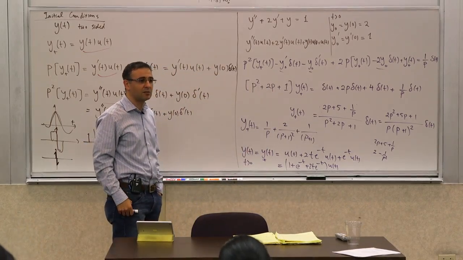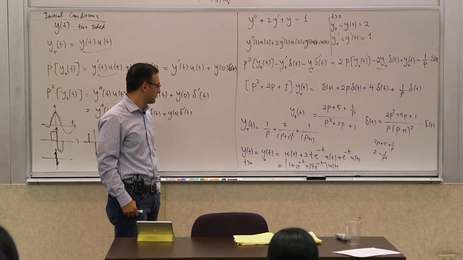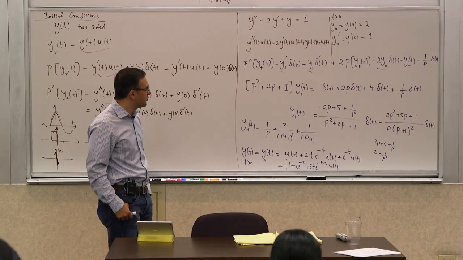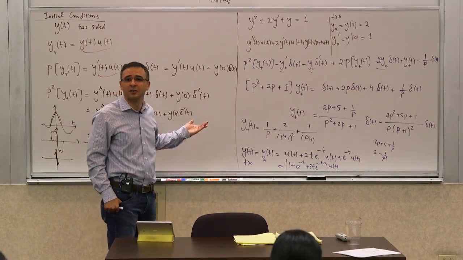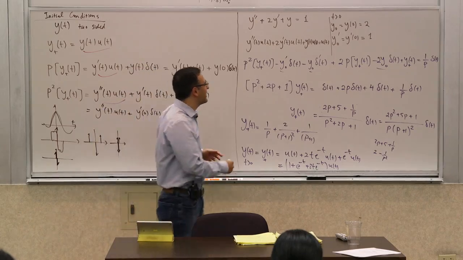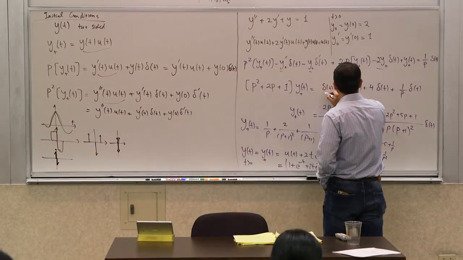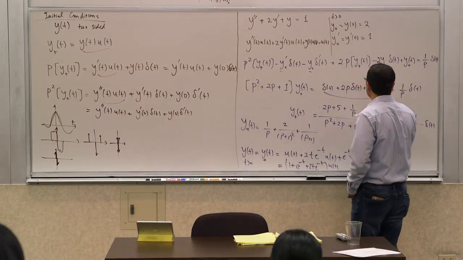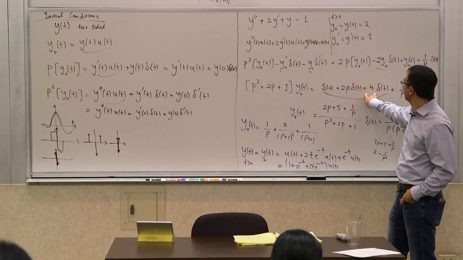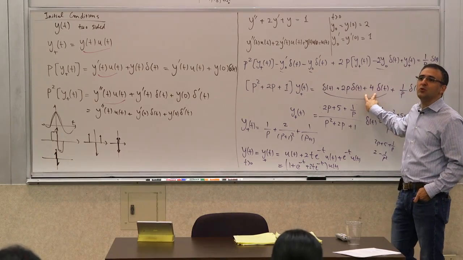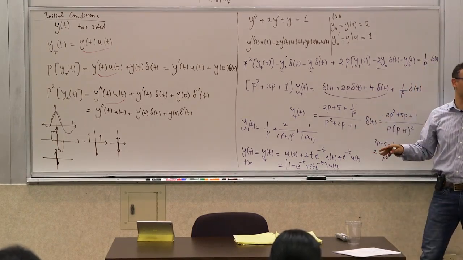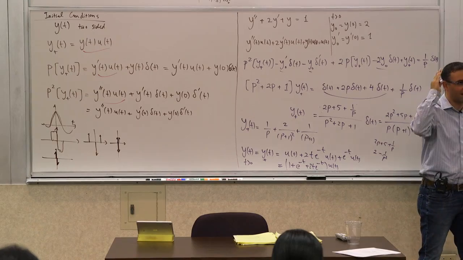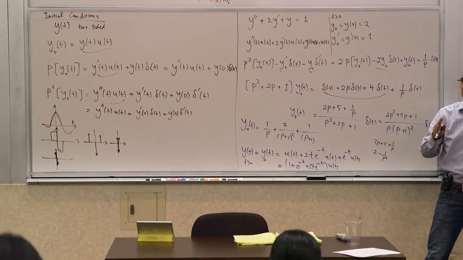Does this make sense? So you solve this equation with that initial condition. And what you're really doing is that, look, this is the initial condition. This is the input that would produce that initial condition in the system, that would induce it instantaneously at t equals 0.